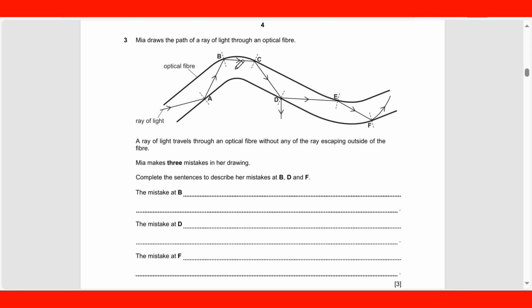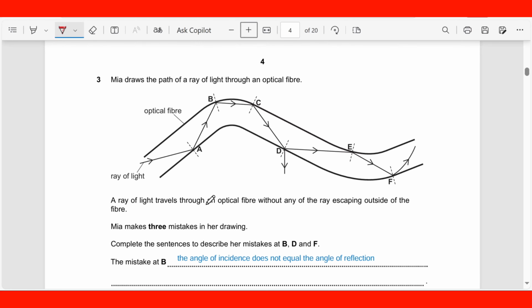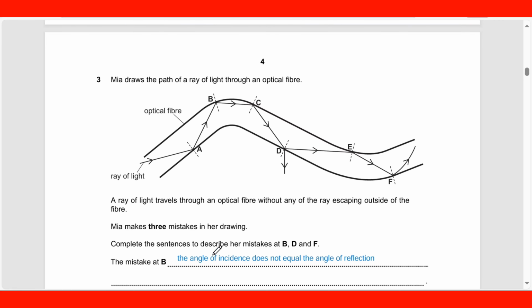Okay, let's check out the answer, guys. So the angle of incidence is not equal to the angle of reflection here. We see that this angle of incidence, from this arrow here, is small compared to the angle of reflection, which is a bit bigger, so they are not equal.